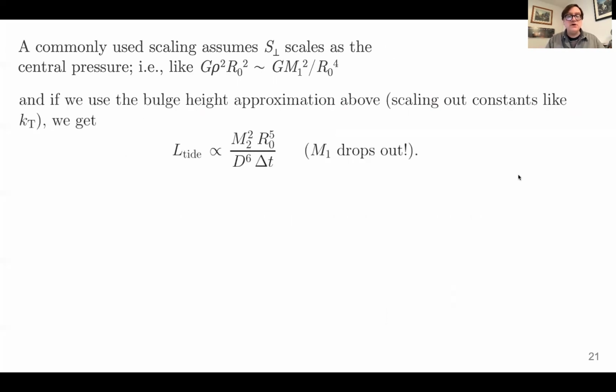I've seen in some textbooks where the actual shear strength is replaced by a scaling factor times the central pressure, so that you can end up writing the scaling of the tidal heating rate as some combination of parameters: m2, the perturbing body, r0, the size of the body you're sitting on, the distance to the 6th power, and this periodicity time scale. But we could actually go back to the previous expression and just write it in terms of the shear strength and the displacement, which you can compute.